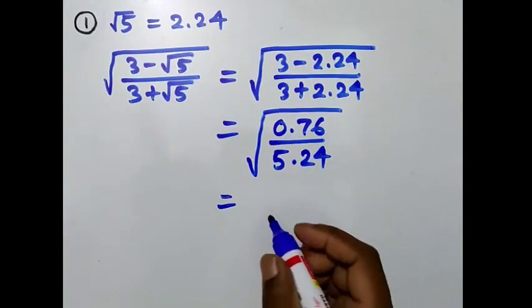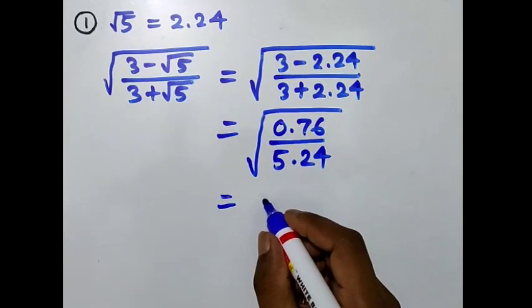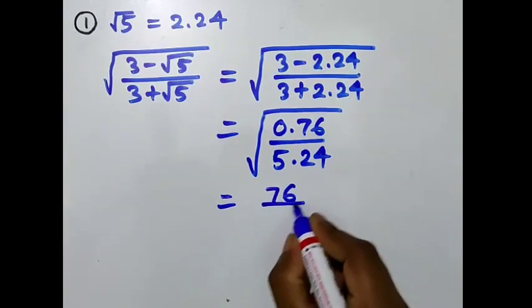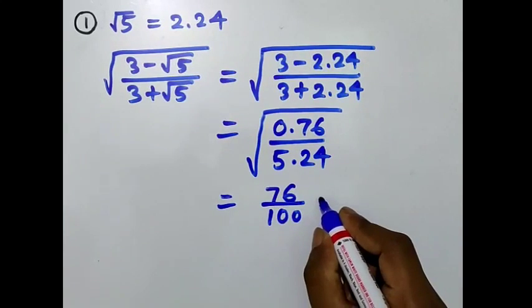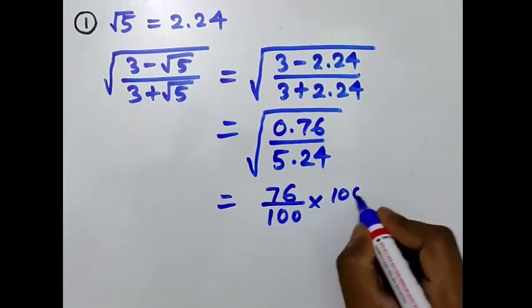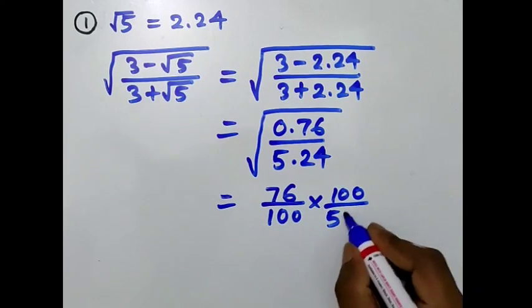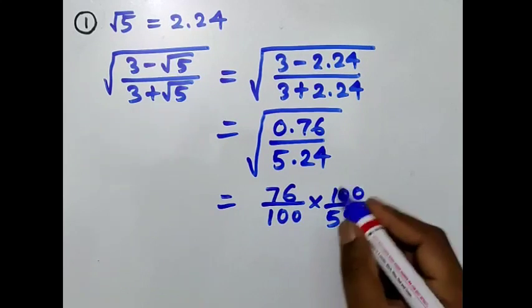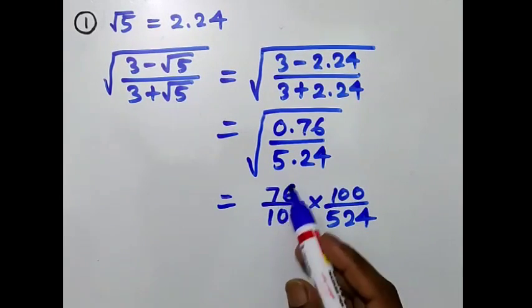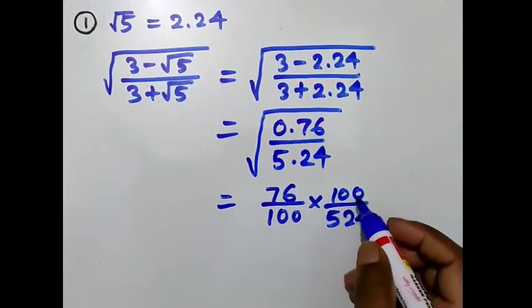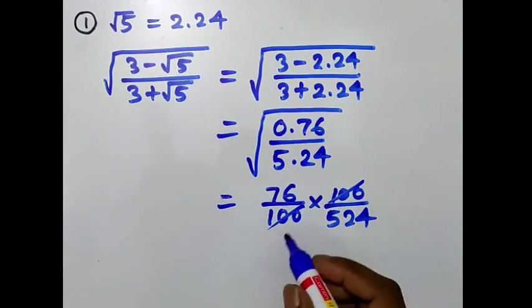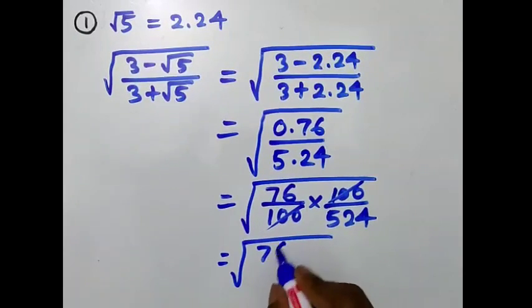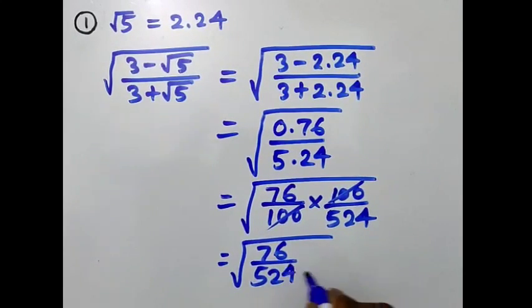So 100 gets cancelled, and we are left with square root of 76 by 524.